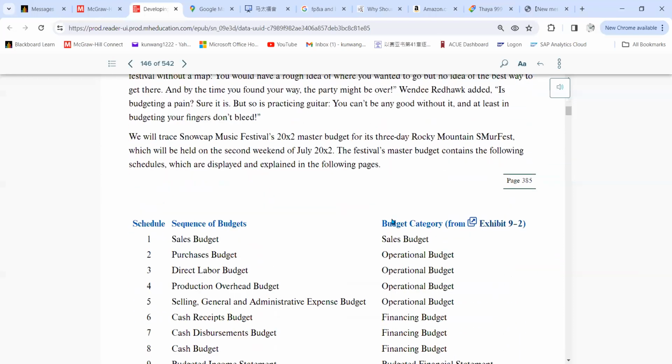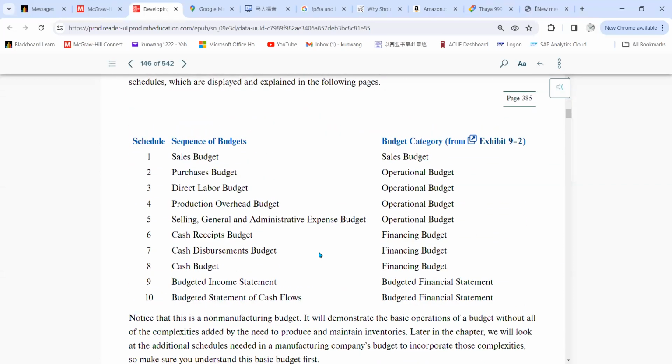So let's start with the sequence and numbering of the budgets needed in this event organizing, related to the budget types we talked about in the intro parts.